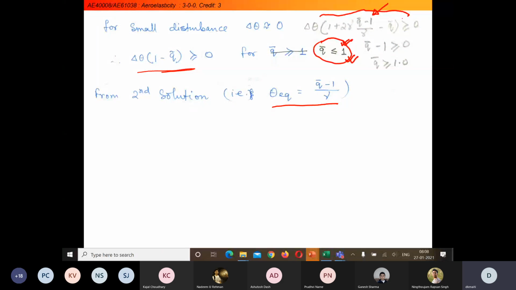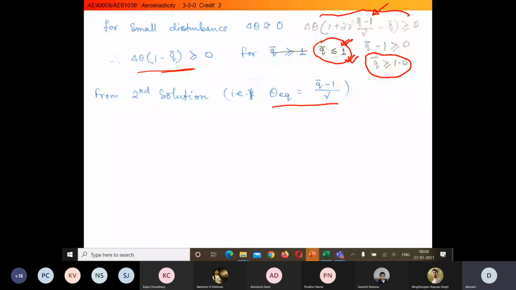But the feasible solution from the practical point of view is the first one: q bar less than or equal to 1, where the system will be in stable equilibrium.